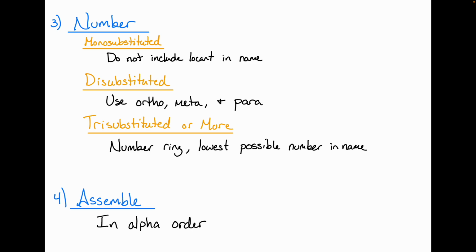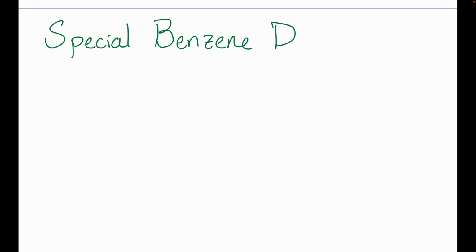So benzene derivatives. What's going to make benzene derivatives kind of a pain in the butt? If they have just these normal substituents on them, we went over how to do that. But there are what are called the special benzene derivatives, and they're called special because they have their own special names.